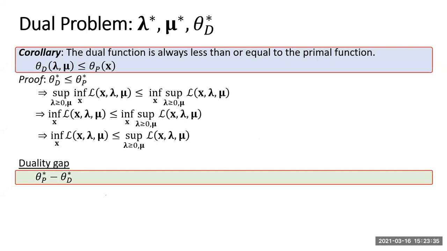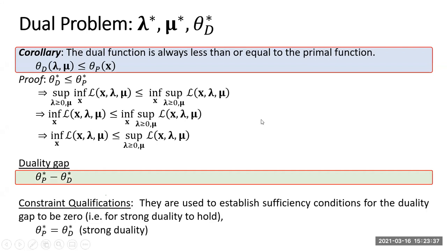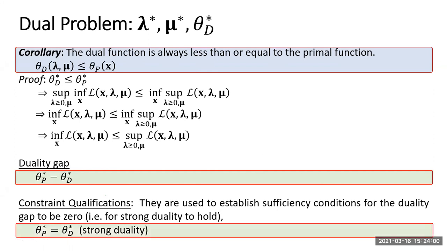Under certain conditions called constraint qualifications, which are sufficient conditions for strong duality, the duality gap is 0, or theta P star equals theta D star. This is called strong duality.